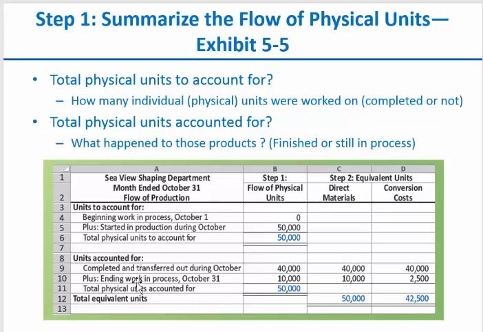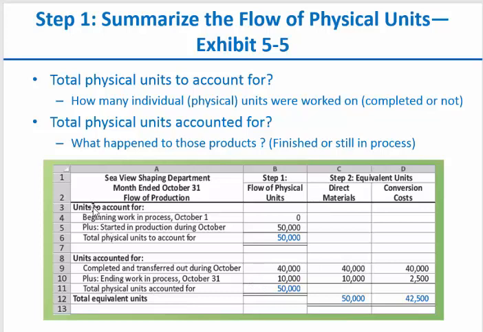So we take a look at 50,000 units in the process costing. The next is we try to understand their status, so units accounted for. In this case, we have 40,000 units completed and transferred out during October. And therefore, we have 10,000 units left in work in process. And therefore, you can see that you still have 50,000 physical units. So here is the deal.